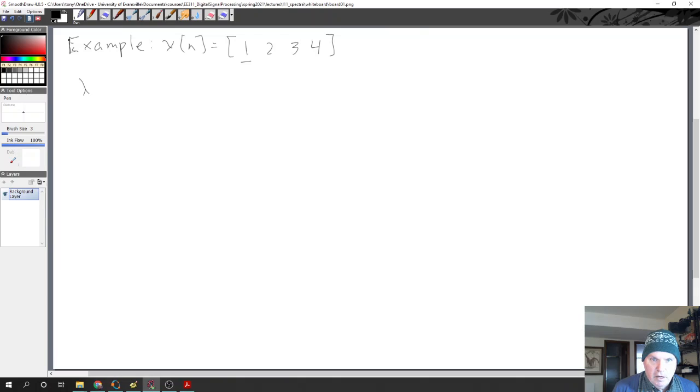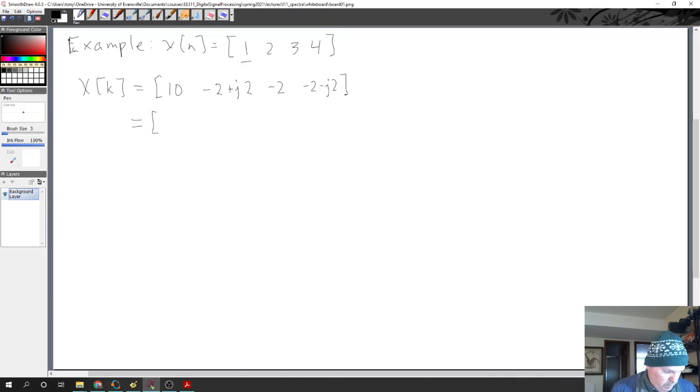And then we actually went through and computed by hand a couple of the DFT points. And we had X of 0 is equal to 10, X of 1 is minus 2 plus j2, X of 2 turned out to be minus 2, and X of 3 turned out to be minus 2 minus j2. And we verified that using Octave's FFT function.